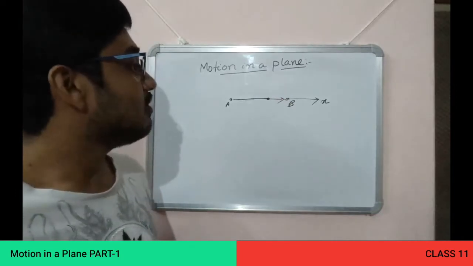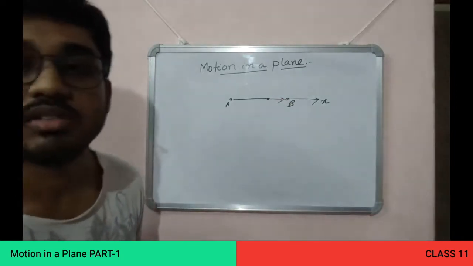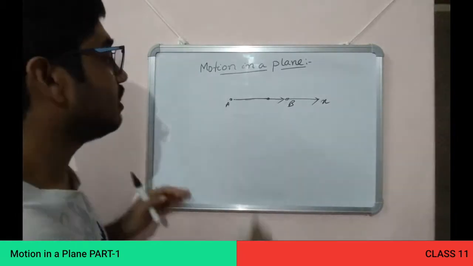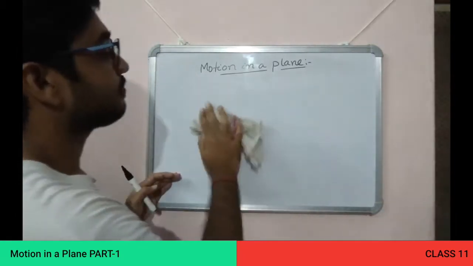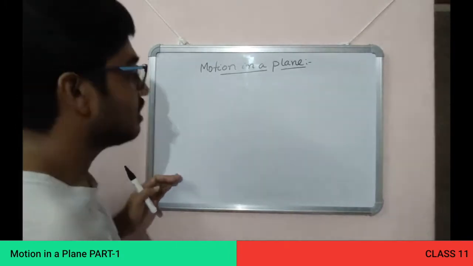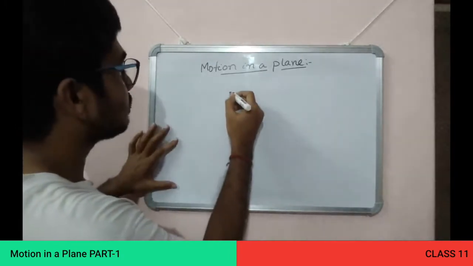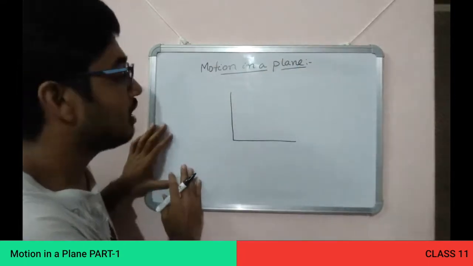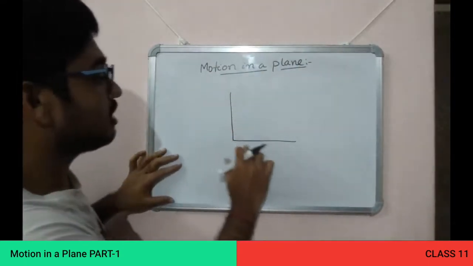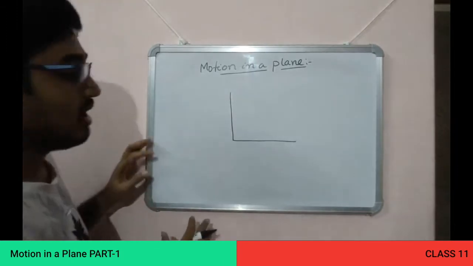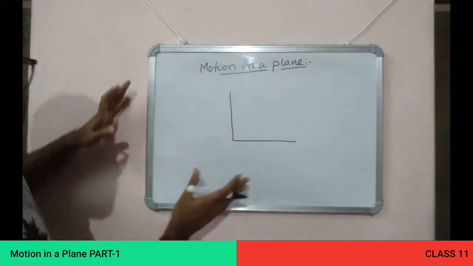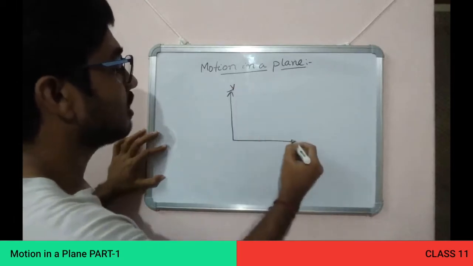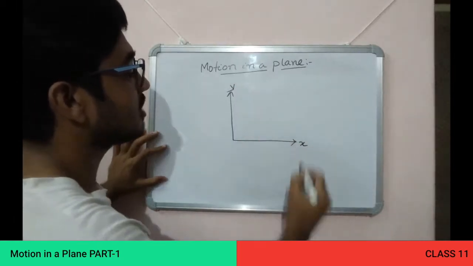So if we now try to describe a point of a particle on a plane, then we need two axes. Suppose this is the plane of my board, and this is a coordinate system. Suppose this is y and this is x.